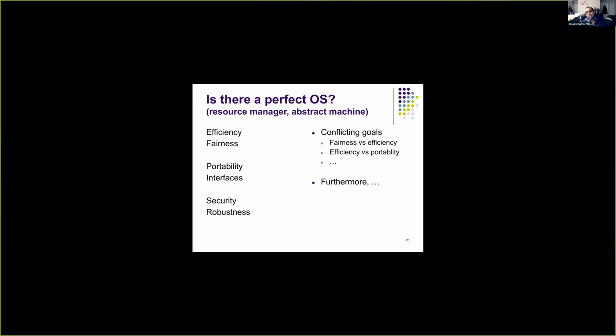Let's ask ourselves, is there any perfect OS? Unfortunately, no, because operating system design is a complex thing and the requirements change, because operating systems have to balance between various conflicting requirements. For instance, it needs to make sure that the resources are used efficiently and also needs to ensure that the resources are used fairly among various competing processes.